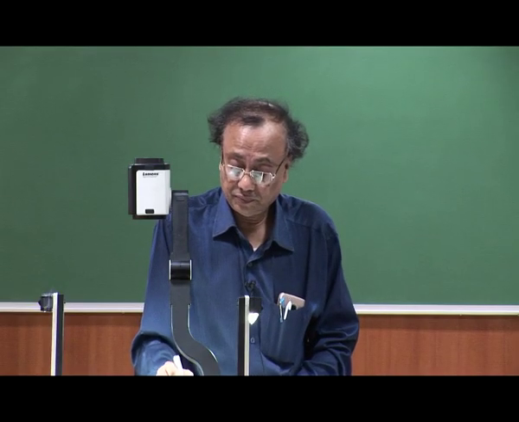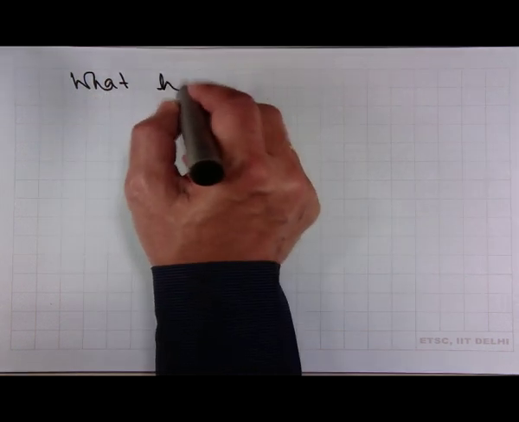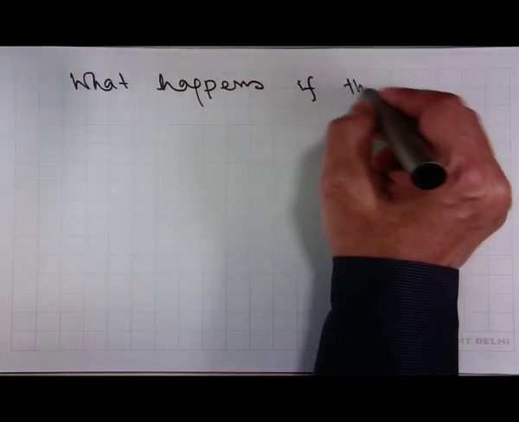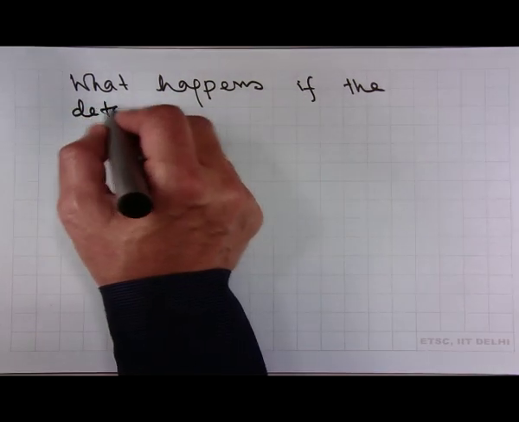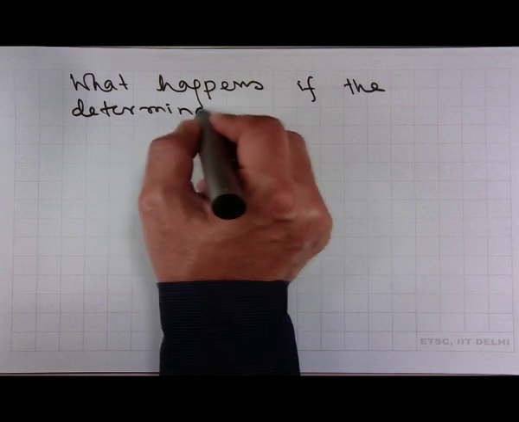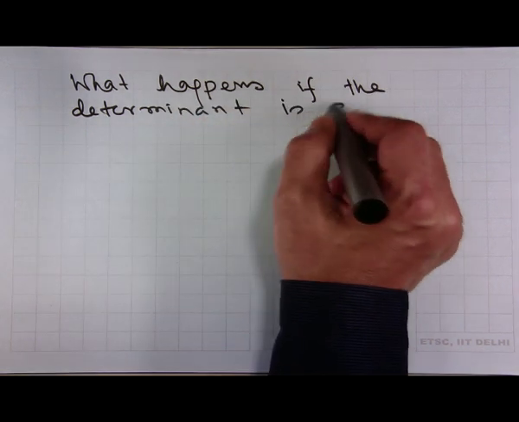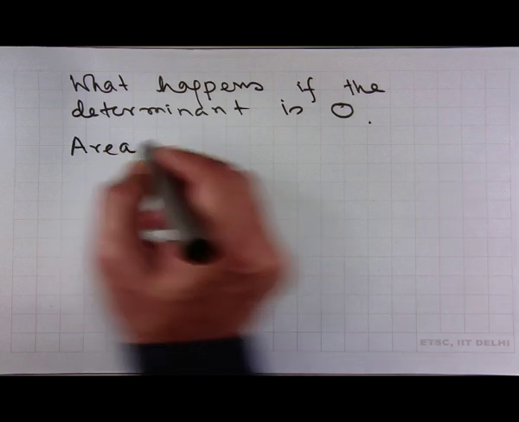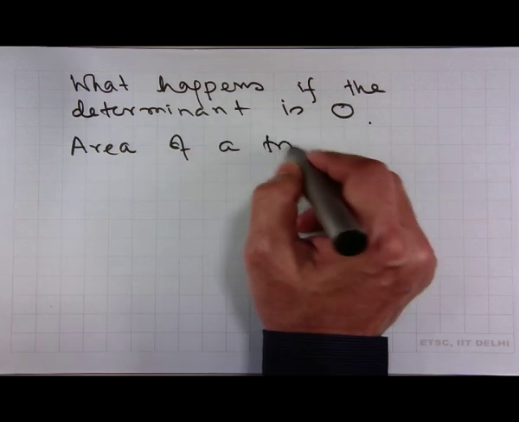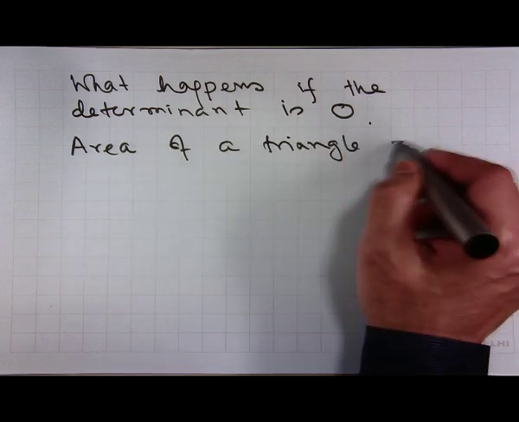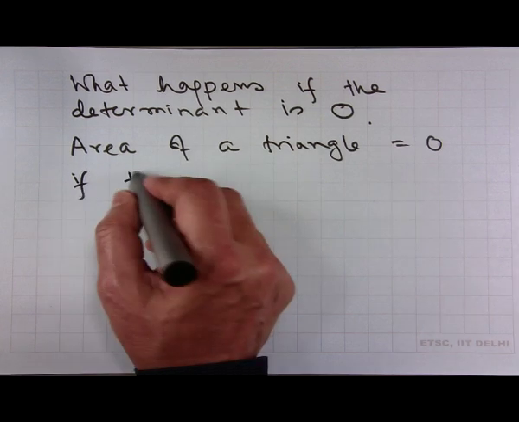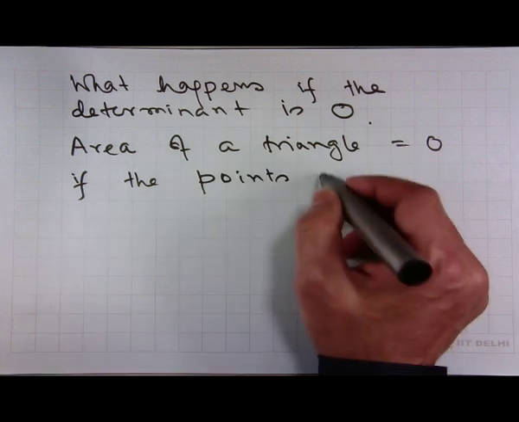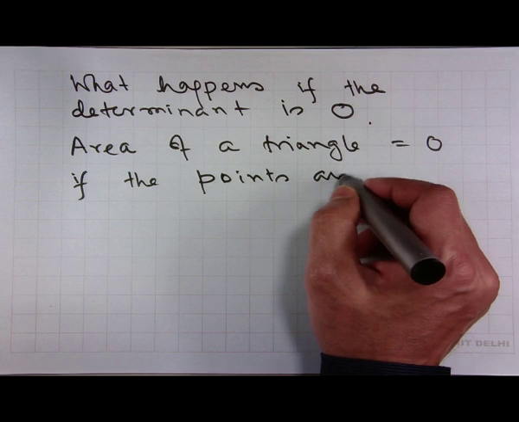What happens if the determinant is 0? Area of a triangle will be 0 if the points are collinear.